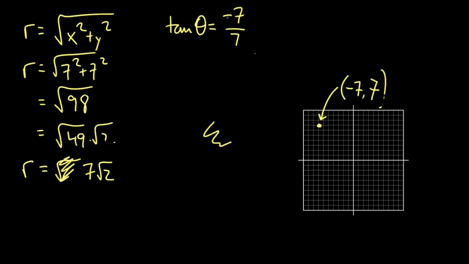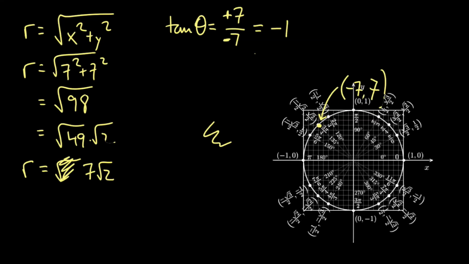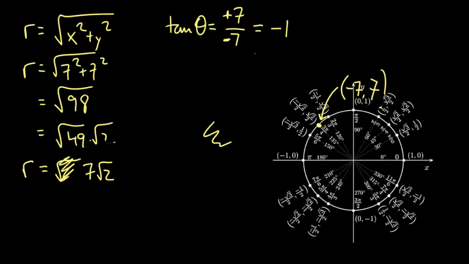And then to find the angle, I'd go tangent of theta is -7/7. Oh, whoops, other way around. Y over x. And so then I'd get -1 for that. So tangent of theta equals -1. And then if I go to my unit circle or to my chart or to my study guide, I would find where tangent of theta is equal to -1. And if I look through my chart, or if I was to look at a unit circle, so let me turn off the Cartesian grid just for a second.